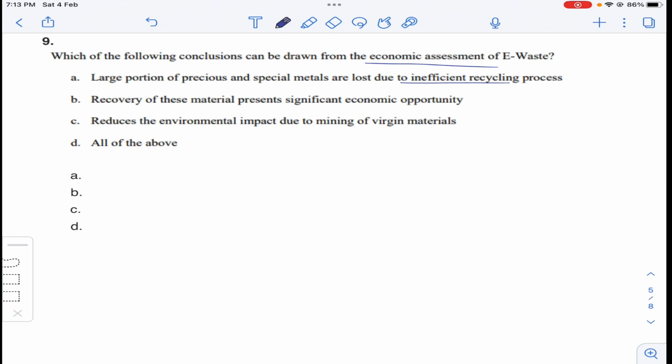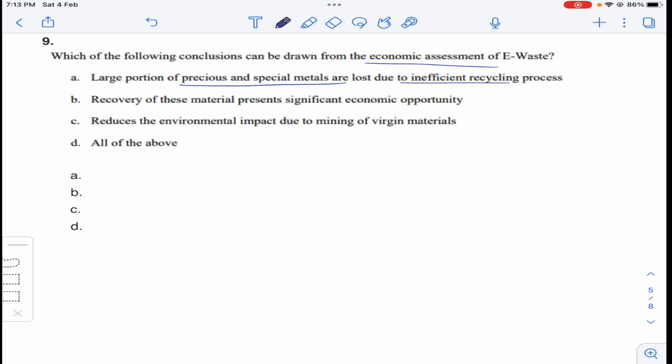Generally, if we are not able to recycle the e-waste generated in our country, precious and special metals will be lost. Then recovery of these materials presents a significant economic opportunity.